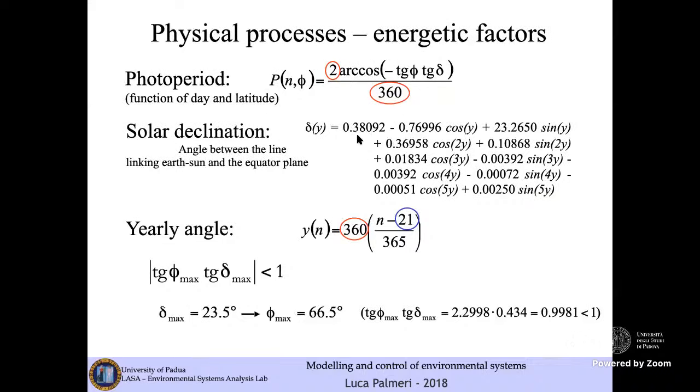So this quantity is a normalized way of measuring the quantity of solar light that falls onto a particular place of the Earth, at a given latitude, in a particular period of the year, so the day of the year, through the yearly angle function.